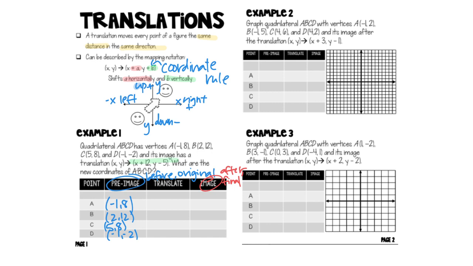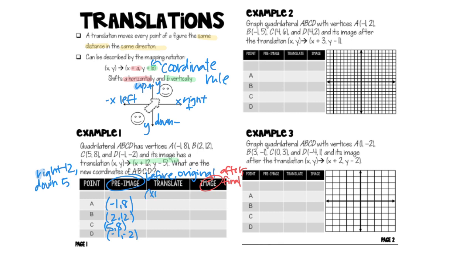So x plus 12, I'm on the x-axis, plus is to the right, so I will be going right 12. And then y minus 5, I'm going down, which is minus, so that would be down 5. So this rule will make my quadrilateral move right 12 and down 5.